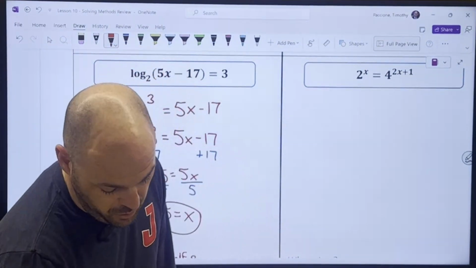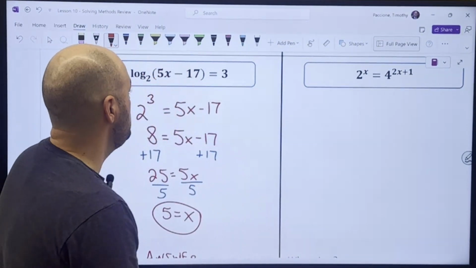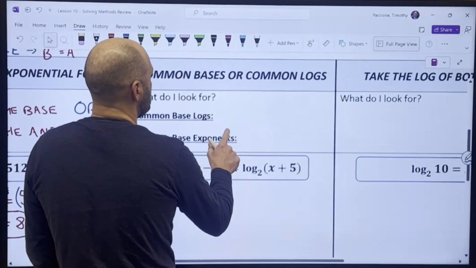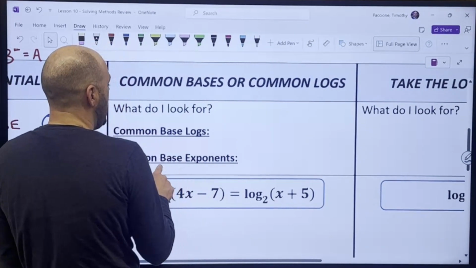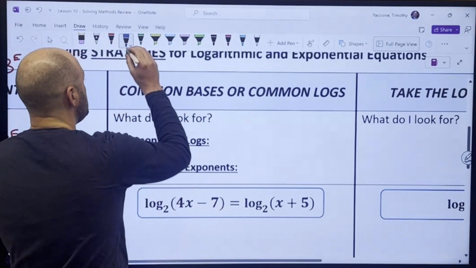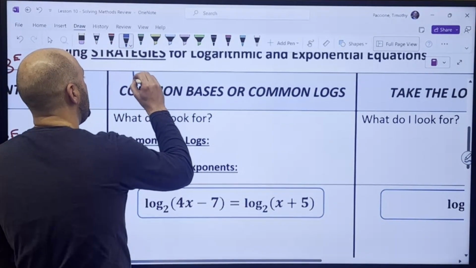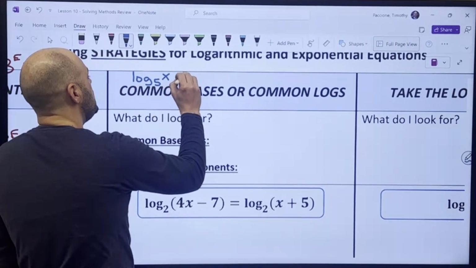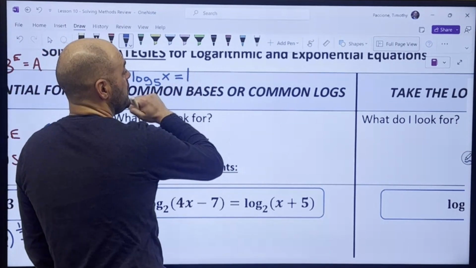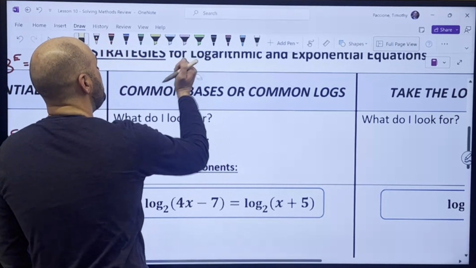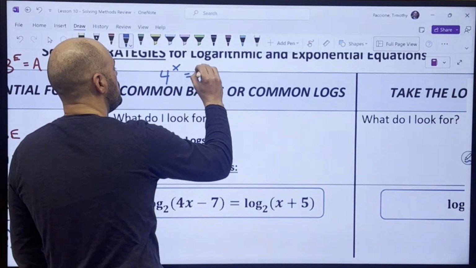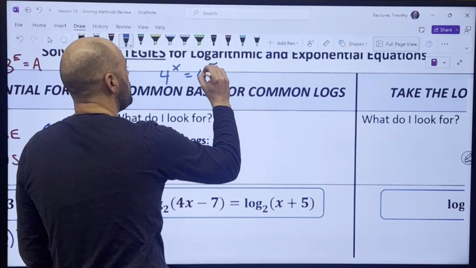Our next strategy is the commons, right? So common bases or common logs. Common bases would be like 4 to the x equals 4 to the 5.